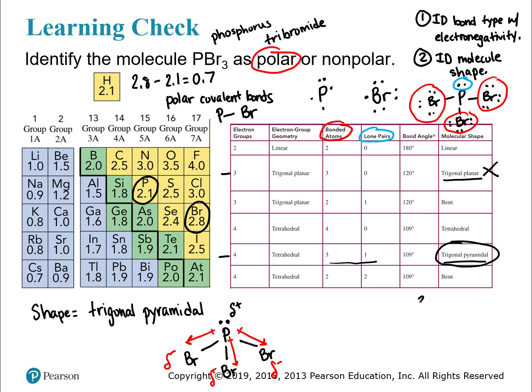So for completion's sake, let me write the third step that we did, which was determine polarity. This type of problem encompasses a lot of what I talked about in the second video for chapter 6.